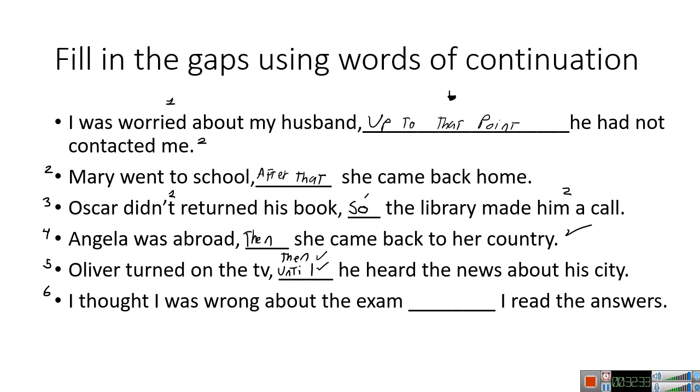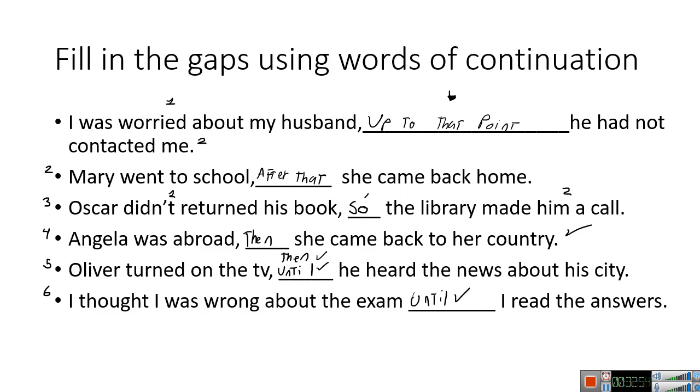And finally, number 6. Luz, please help me with this one. Until. Okay. Let's see if that works. I thought I was wrong about the exam until I read the answers. Perfect. The matches were really well.